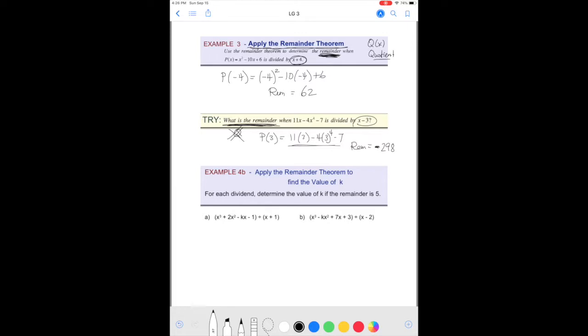Now, we are going to use the remainder theorem to find k. So here we go. We have the polynomial and we have the divisor, and up here we have the remainder.